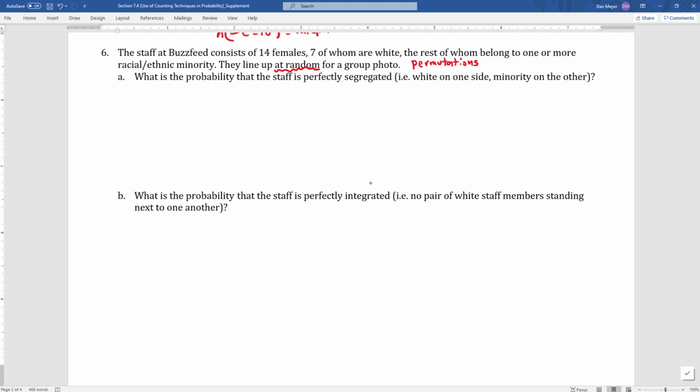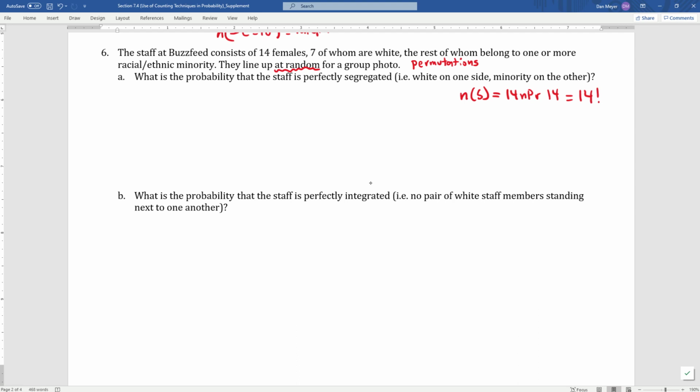All right. So when we look at the number of things in our sample space, that's just a permutation of these 14 females. You could say 14 permute 14 because all of them are going to be in the picture. Or remember, there's an easier way to get at that. It's just 14 factorial. So that's the number of things in our sample space.